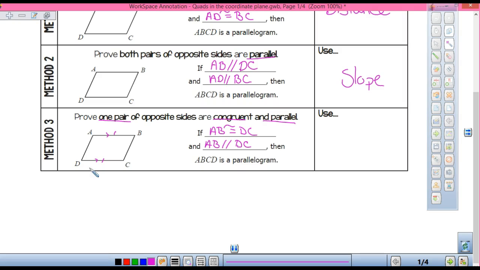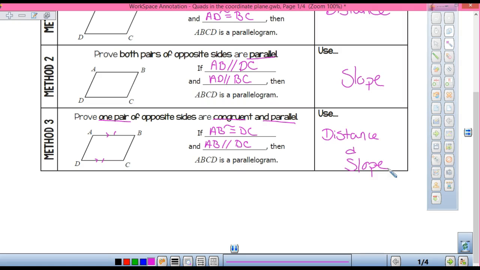To get congruence, I've got to use the distance formula. To get whether or not they're parallel, I have to use slope. So in this one, you've got to use both distance and slope.